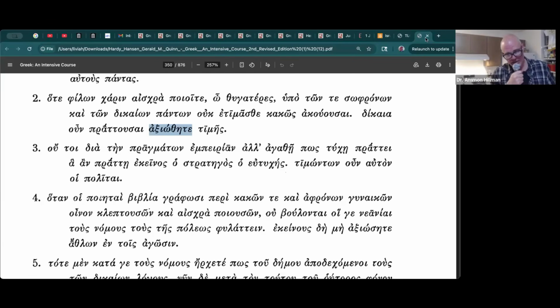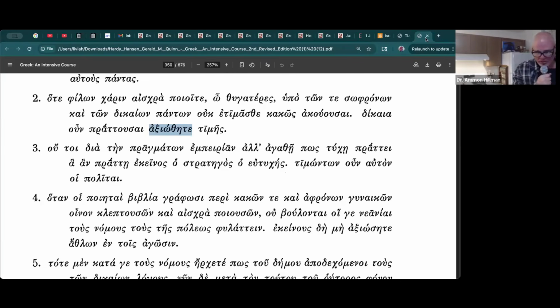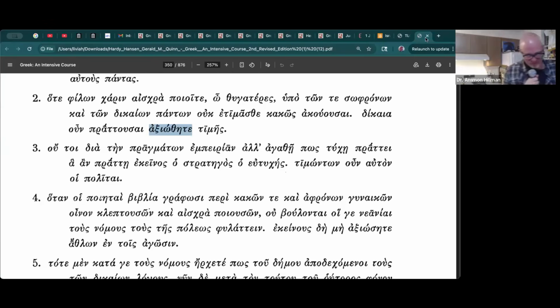That's why it's got the theta there, because the sixth principal part of axioo is axiothen. So it's an aorist passive imperative.